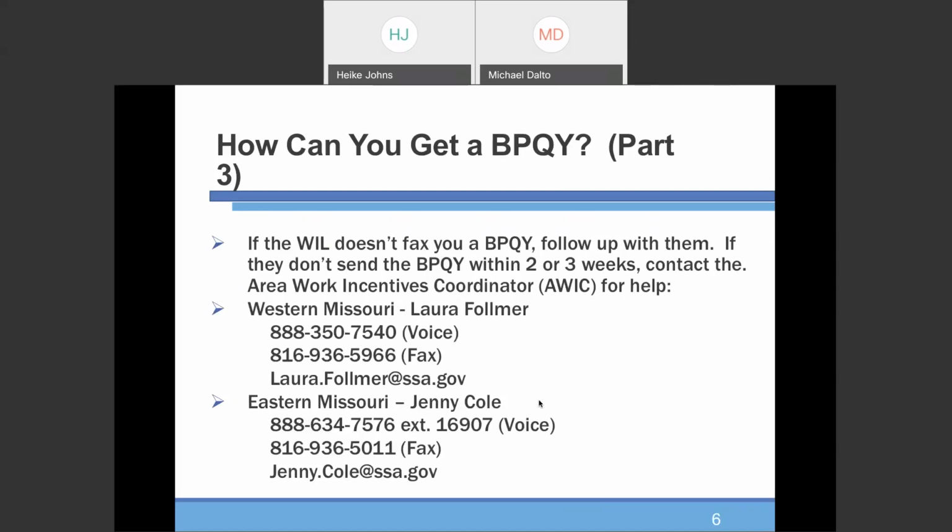There's one for Western Missouri, that's Laura Fulmer, whose information is here on slide 6, and a different one for Eastern Missouri, that's Jenny Cole, whose contact info is also on slide 6. And then they can intervene or send you the BPQY themselves. But you first need to request it from the WIL in the local office if you're requesting it yourself from Social Security.